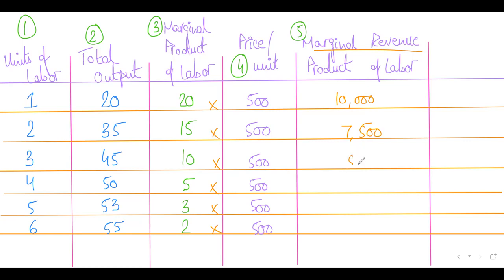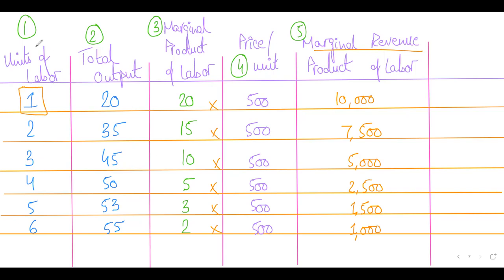The third guy would be generating a revenue of 5,000 rupees. Similarly, so on and so forth. You can just multiply the two columns to get these values that I'm listing in this column. Easy. Are we good, students? So these are the values of the revenue that these specific employees have generated.